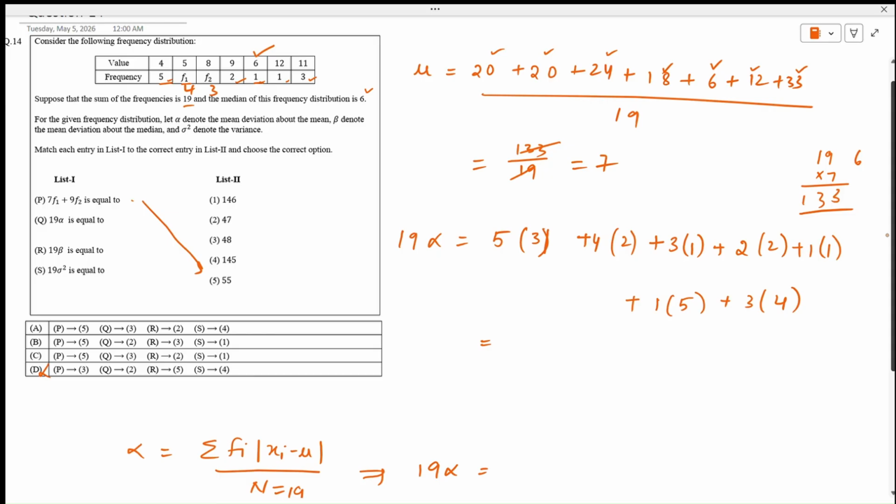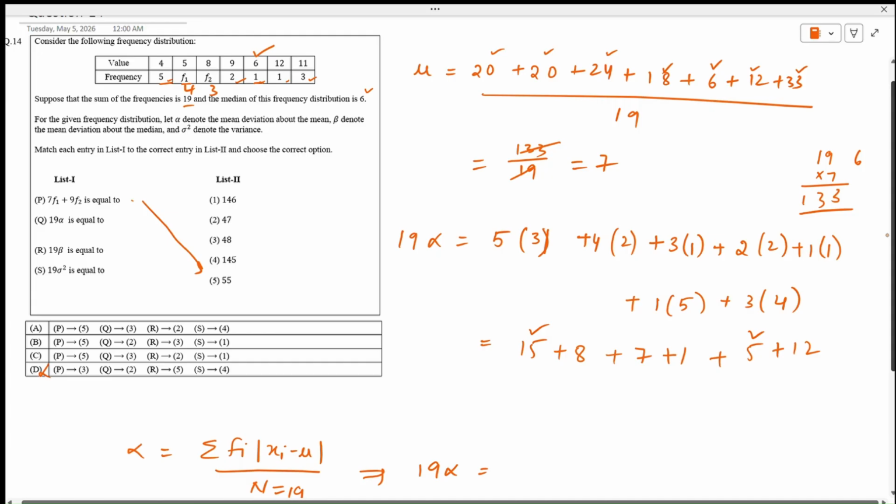So 15 plus 8 plus 3 plus 4, plus 2 plus 1 plus 5. So this is 20, and then 20, 30, 48. We'll get 48.